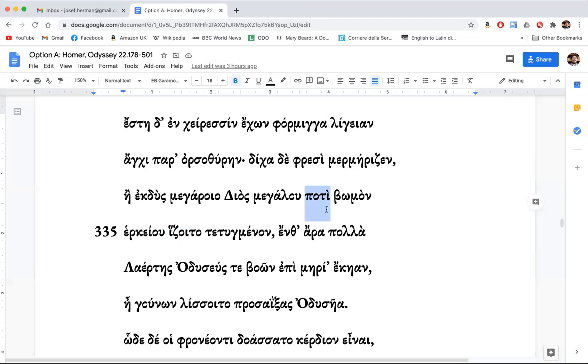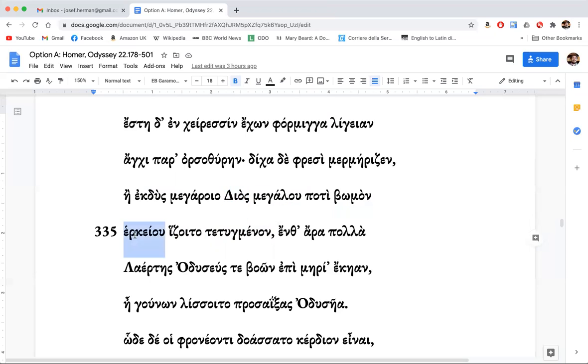So whether he should sit by the bomon tetugmenon. Okay, tetugmenon is a perfect participle, meaning well built. And a bomos is an altar, right? So he was wondering whether he should sit by the well-built altar of Dios megalou, right, of great Zeus. Okay, Dios is the genitive of Zeus.